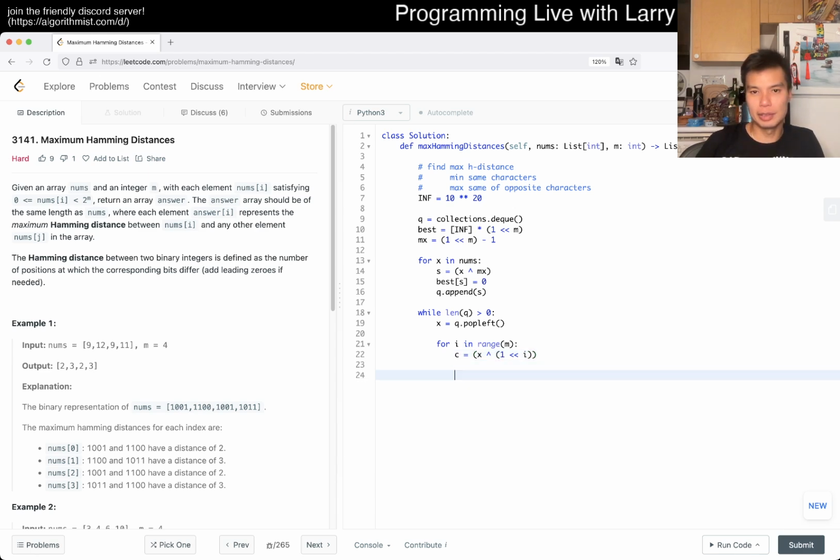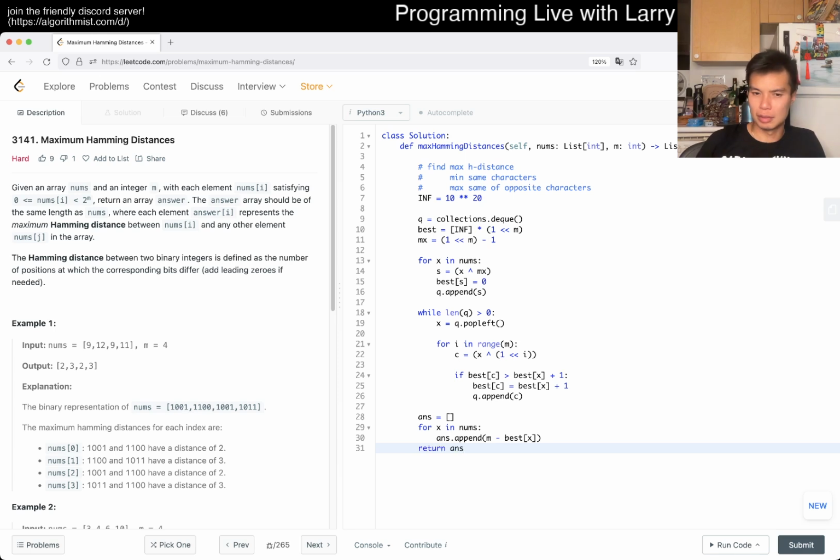C for current. Okay, and then now for x in nums, we can do it again. Oh, I have an answer. Best, I think it's actually the max, which is the number of bits, because we want the opposite.